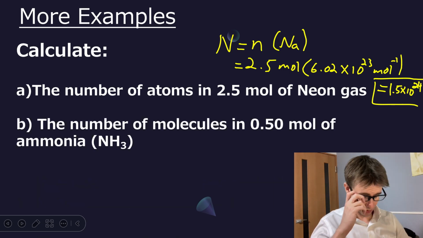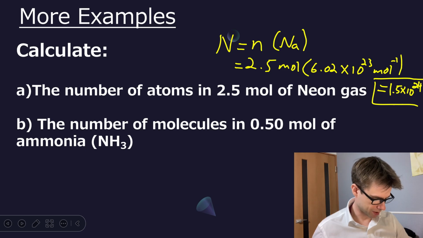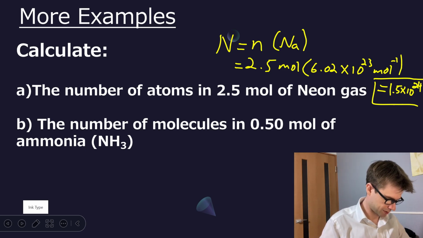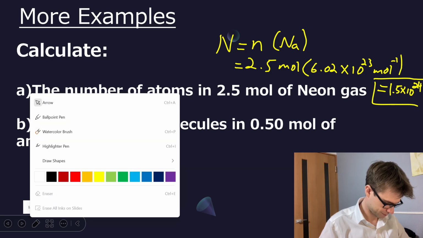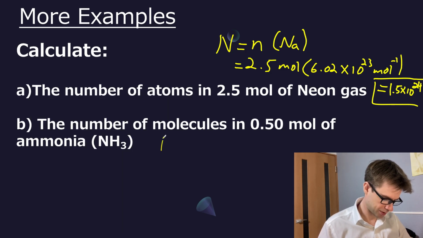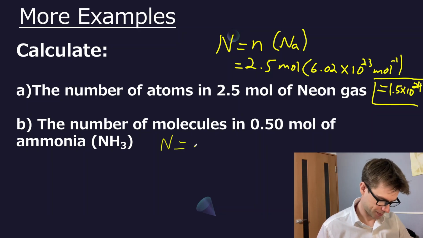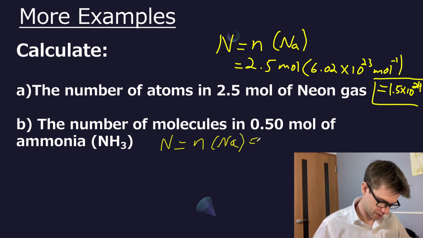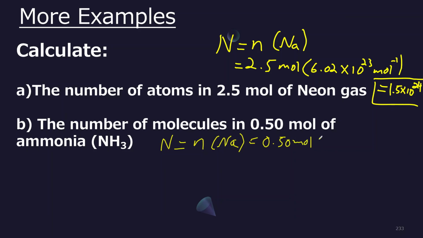Okay, the number of molecules in 0.50 moles of ammonia, NH3. This one I will write again here. So we want number of molecules again, that's big N. This will equal little n times Na. Equals 0.50 mole times 6.02 times 10 to the 23 per mole, and we'll get exactly half Avogadro's number.